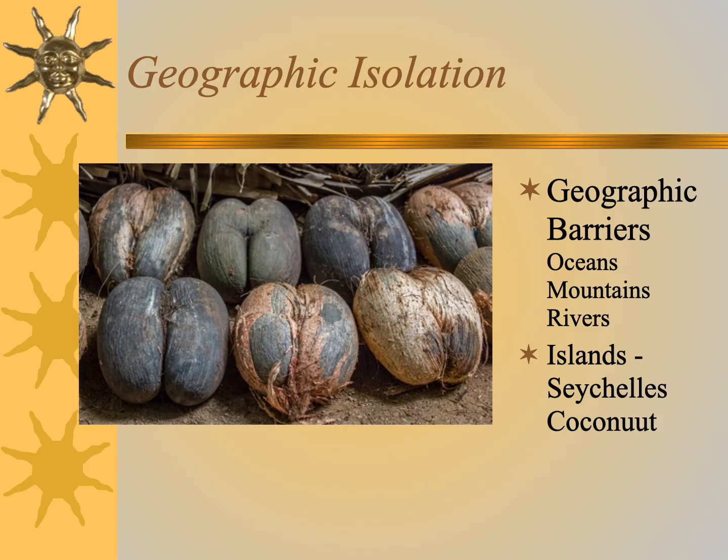And so I think we all know what coconuts look like in stores. They're single balls, but not these. These are the Seychelles Island coconuts. It's a separate species. And to me, it looks, well, kind of strange. I won't say what it looks like, but it definitely doesn't look like a regular coconut. And so there's obviously not enough gene flow there.